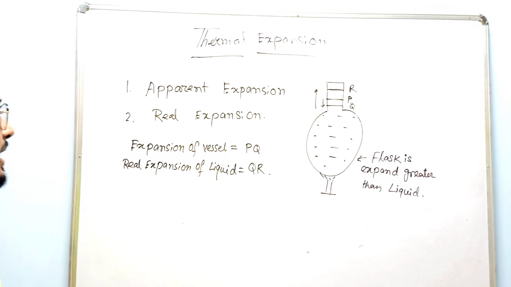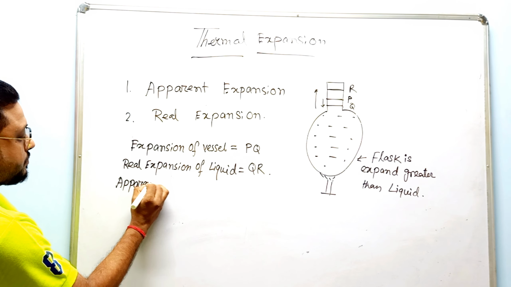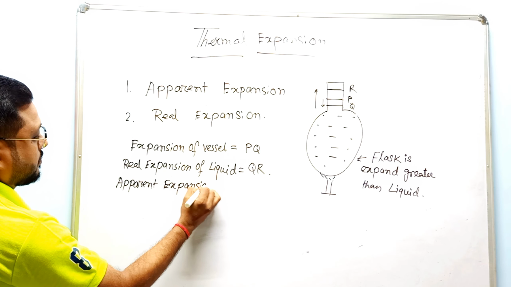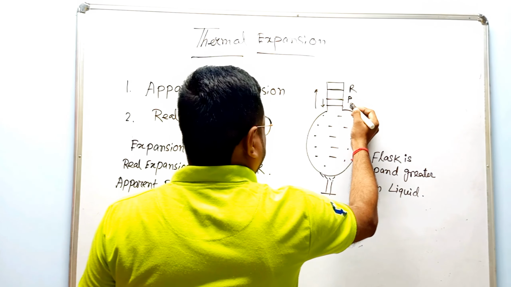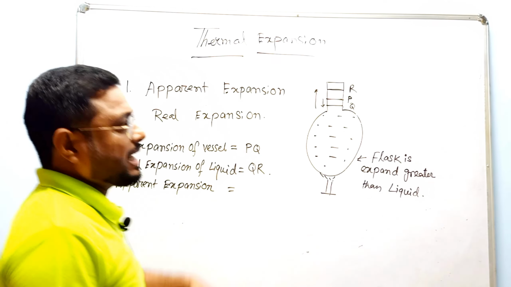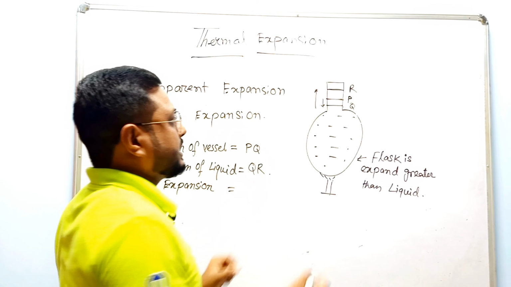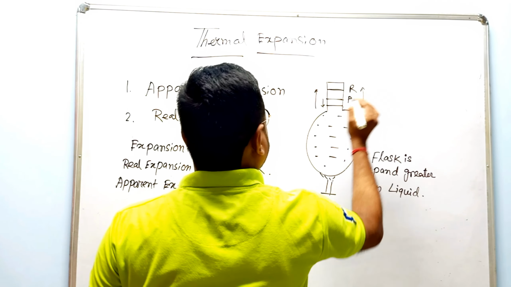And the apparent expansion: our eye cannot see the process that the liquid comes from P to Q, then goes from Q to R. Our eye can only see that the liquid was first at P, then it goes to R. So the apparent expansion is PR.